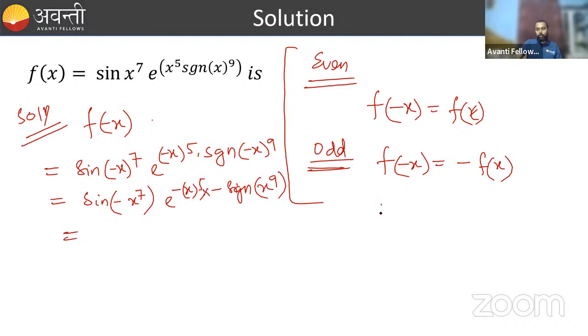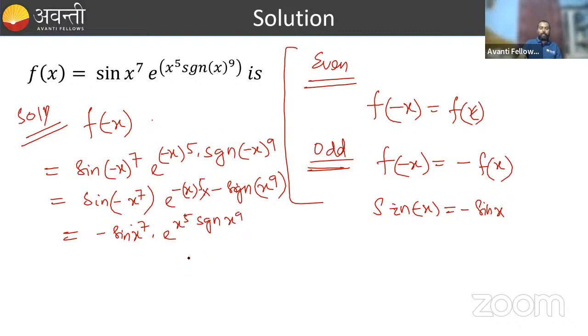All of you know sine of minus x is minus of sine x. So sine of minus x to the power 7 is minus sine of x to the power 7 into e to the power, minus into minus will be plus, x to the power 5 into signum of x to the power 9.